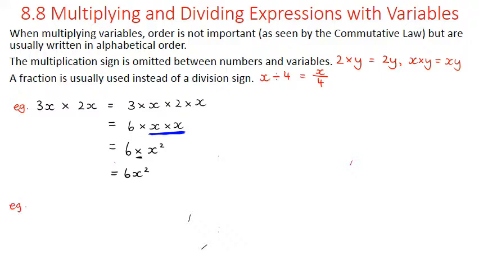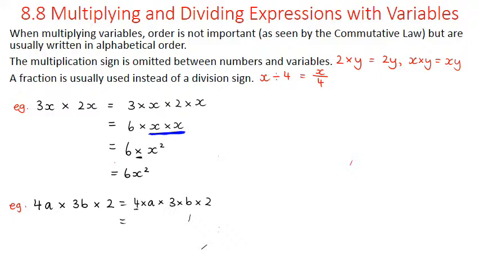Try another one. 4a times 3b times 2. What we get is 4 times a times 3 times b times 2.